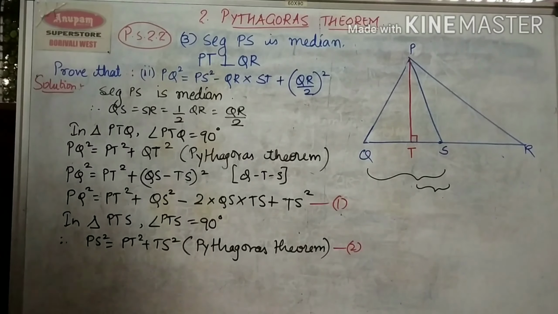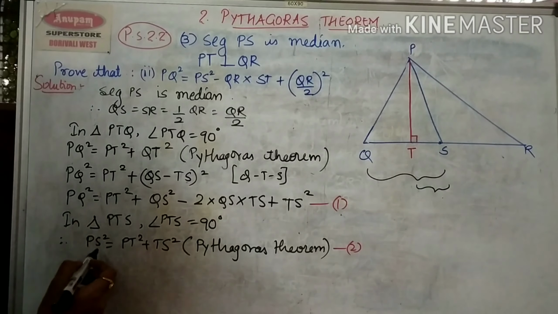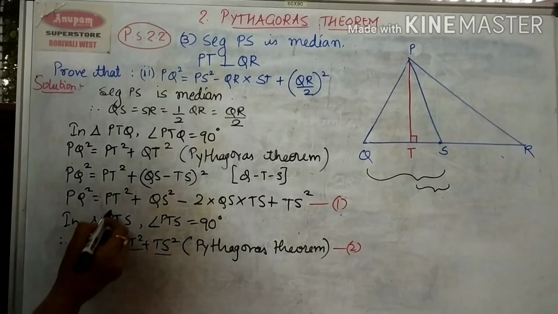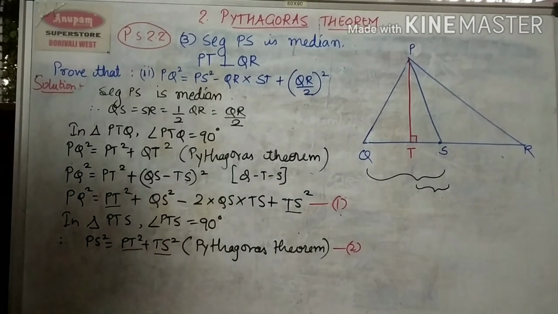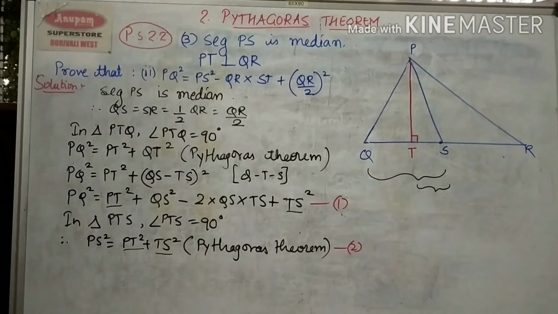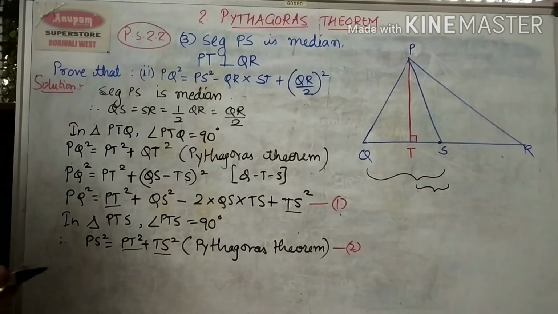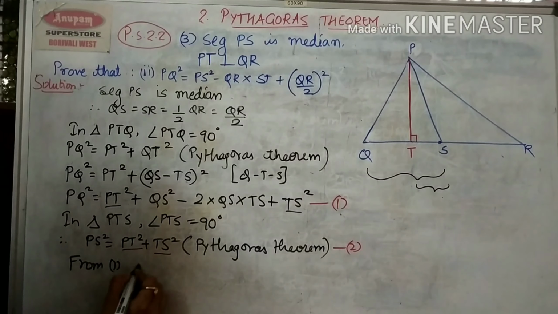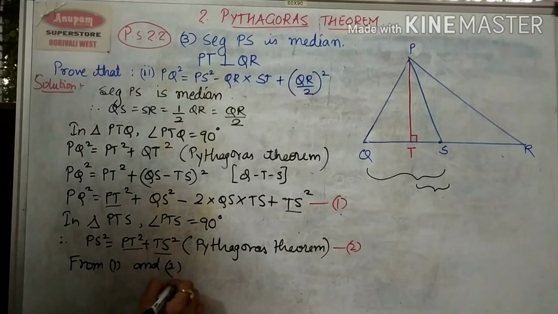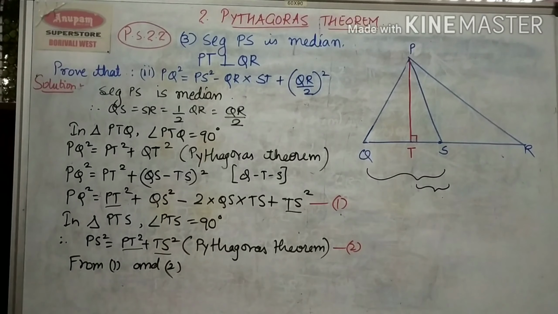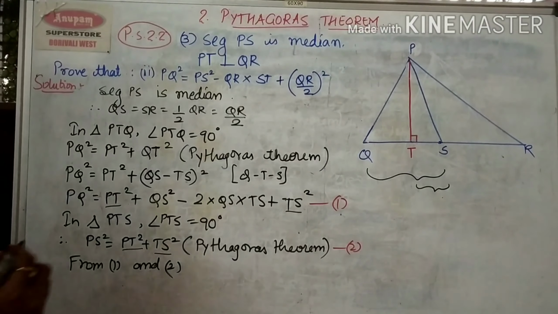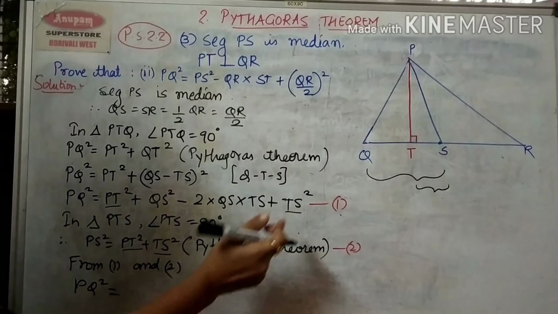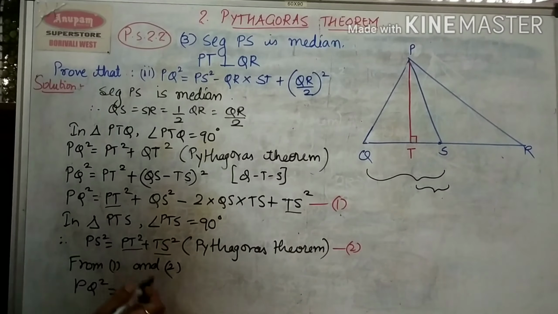See, children, if I try substituting, PT square plus TS square is here. So instead of this PT square plus TS square, if I write PS square, from 1 and 2, I will get PQ square is equal to, now instead of PT square plus TS square, I am going to put PS square.